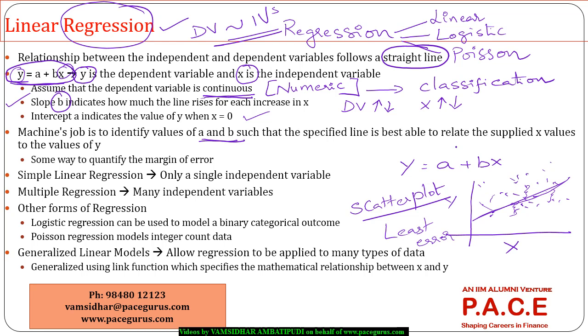So that particular line is what we are calling as the regression line. Now within this world of linear regression, if there is only one independent variable x, then we call it as a simple linear regression. If there are multiple independent variables x1, x2, x3, so on, we call it as a multiple regression.